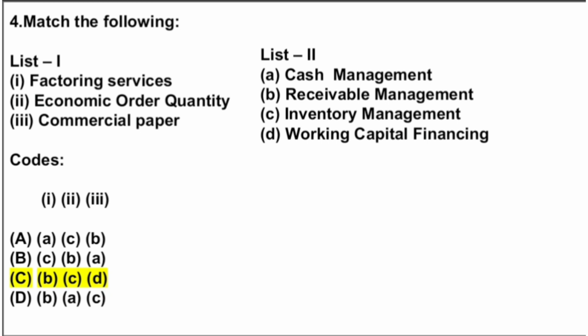The next thing is commercial paper. Commercial paper is a source of short-term finance. We can say that it is a financial paper, like a treasury bill, or an unsecured promissory note mainly to raise short-term funds.